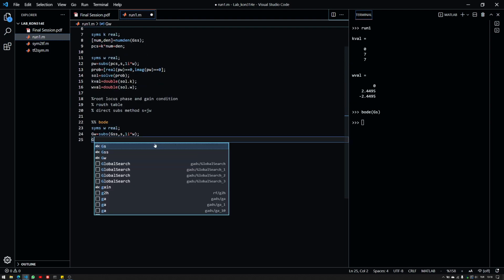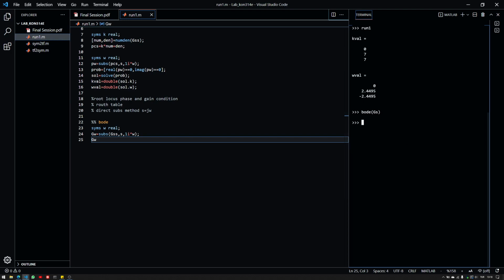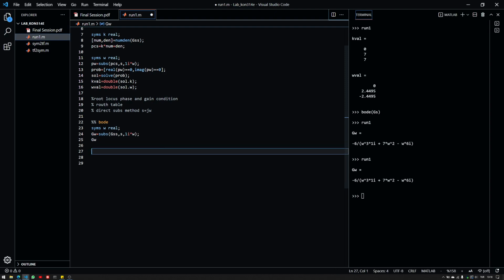So let's see what it looks like. Now you can see that this is basically j omega. Now, what we need is, we need the following. We need to get the argument of our G(j omega), and it should be equal to minus 180 degrees.